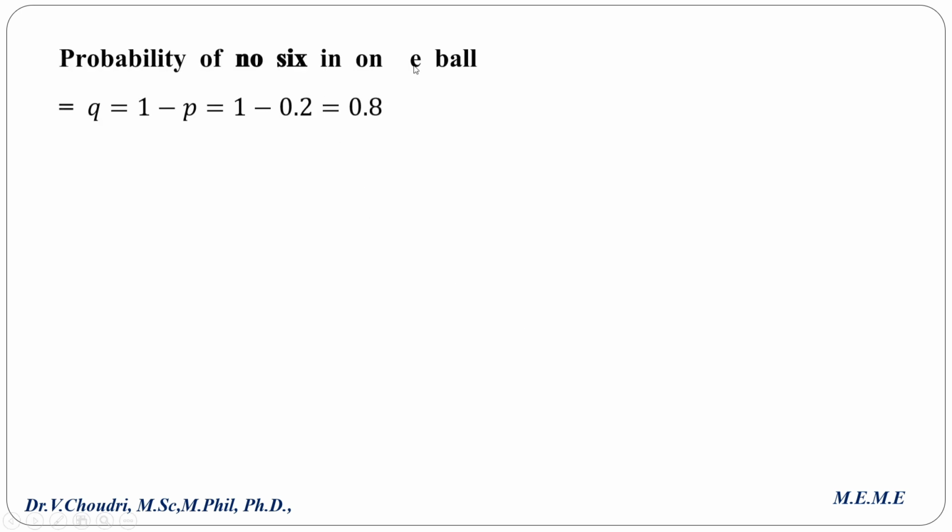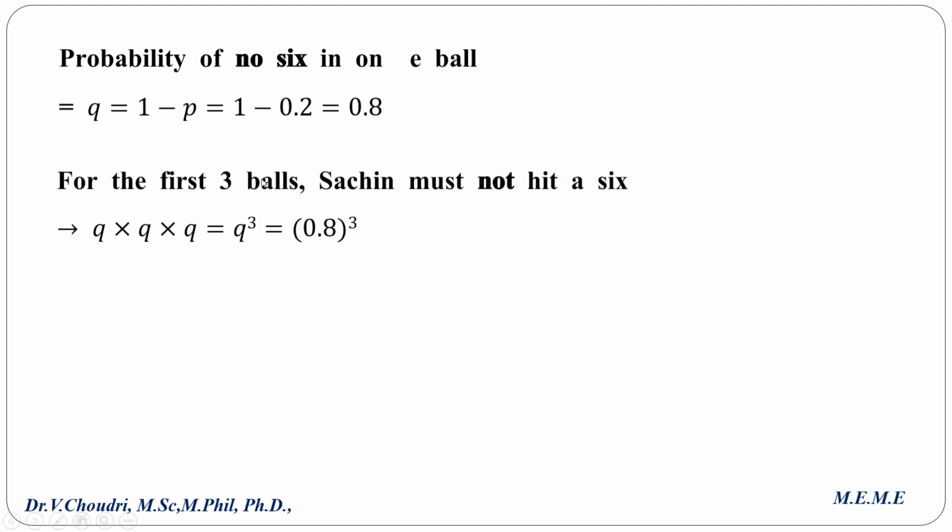Probability of no six in one ball, that is failure, q equal to 1 minus p. So out of 10 balls, only 2 balls are sixes. The remaining 8 balls are failures, that is 0.8. For the first 3 balls, Sachin must not hit a six.